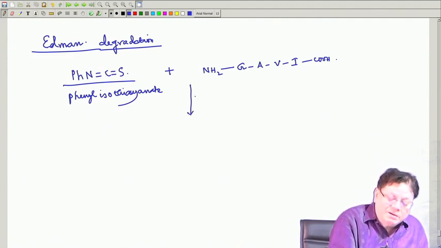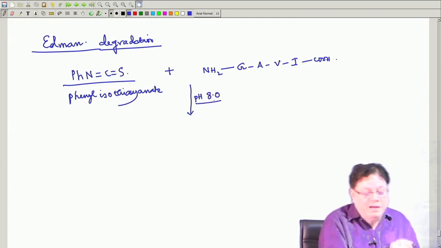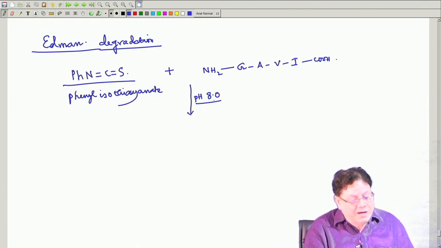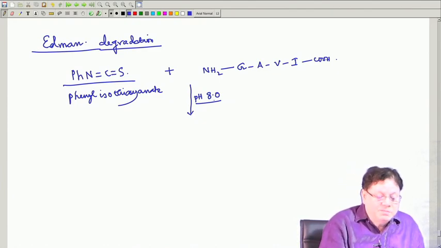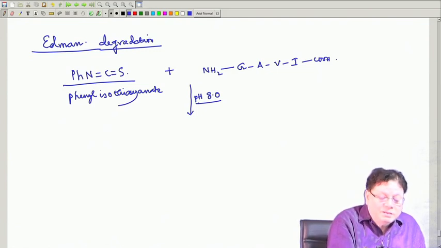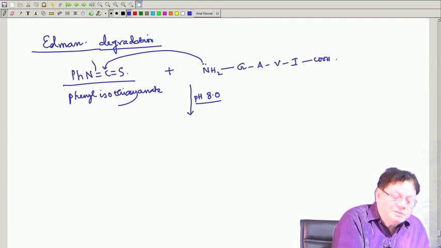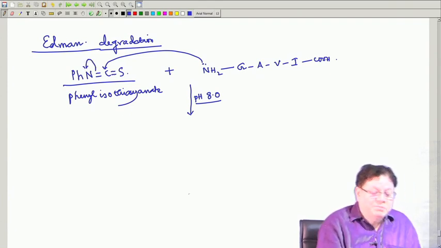This reaction was done at a slightly higher pH, around pH 8. If you do this reaction with these two reagents, a peptide and the isothiocyanate, then the NH2 being nucleophilic and this carbon being electrophilic, flanked between two electronegative groups, this nitrogen will react and this will take up the hydrogen.